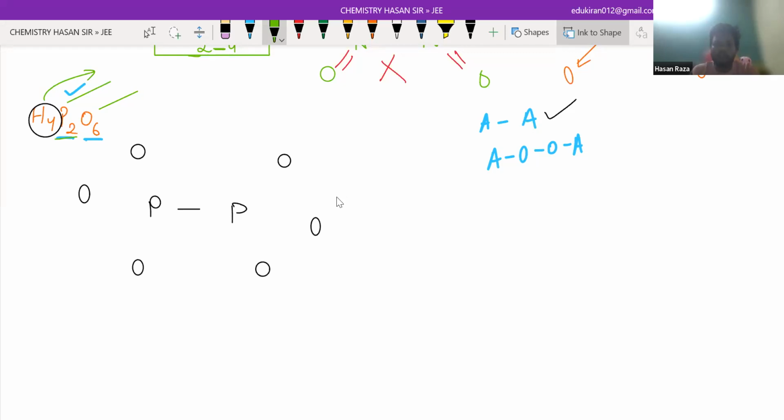So you have 4 hydrogen; I'm going to give 2 hydrogen to the right phosphorus and 2 hydrogen to the left. Now when oxygen is in between two atoms, it will make single bonds, and the terminal oxygen can make a double bond as well. So this will be the structure of H4P2O6. And I think it's clear to all of you, right?